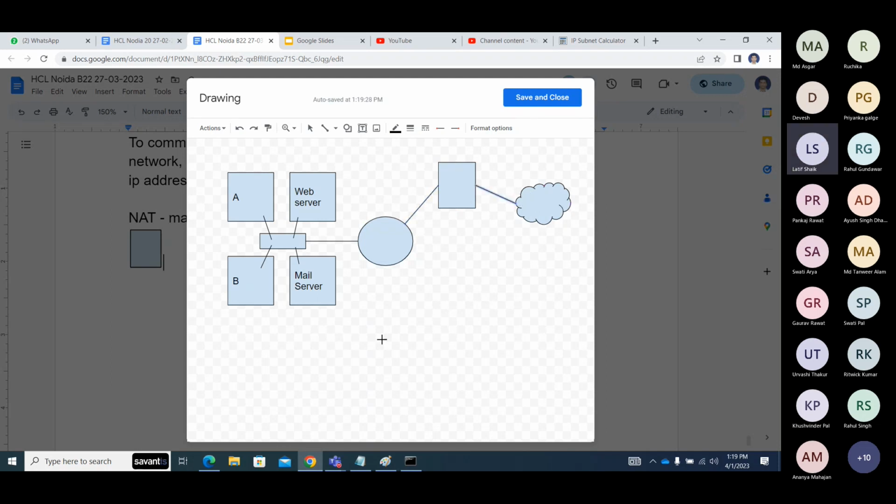Okay. So what I am trying to say is, I want to put one NAT table here. So what will happen in the NAT?